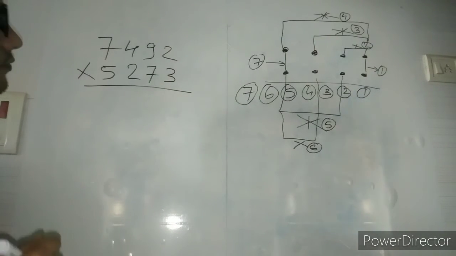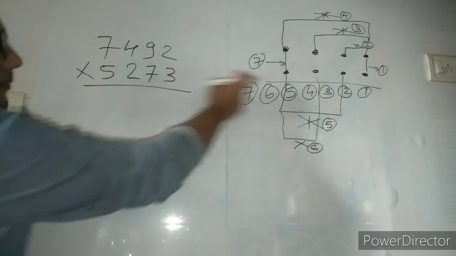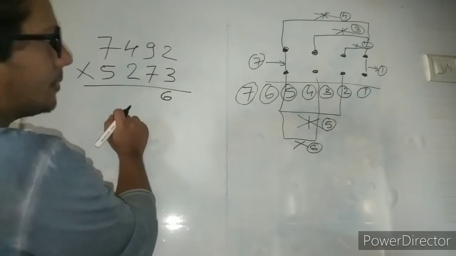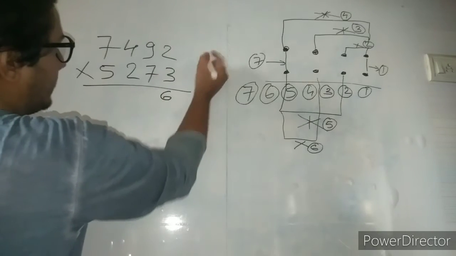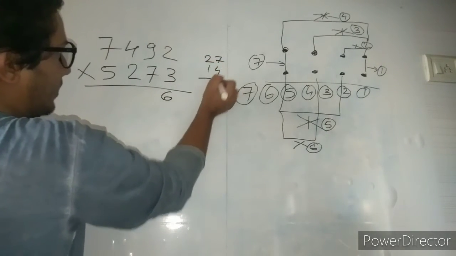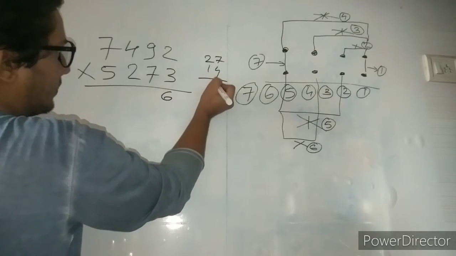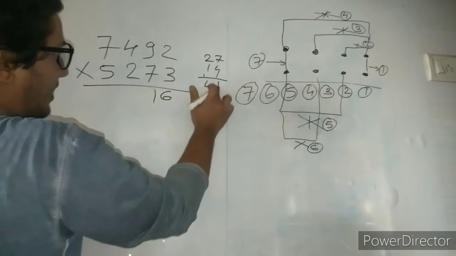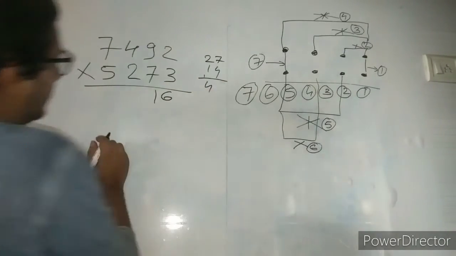So first step, 2 3s are 6. Second step, cross multiplication, 9 3s are 27, 7 2s are 14. So 7 plus 4 is 11, 11 plus 1, 41. 1 write here, 4 carry forward to the next step.